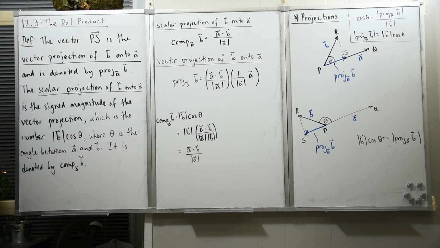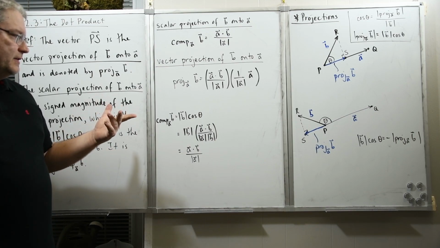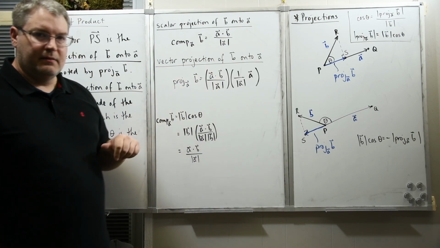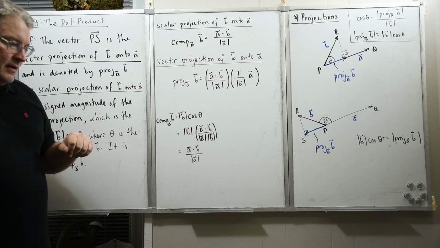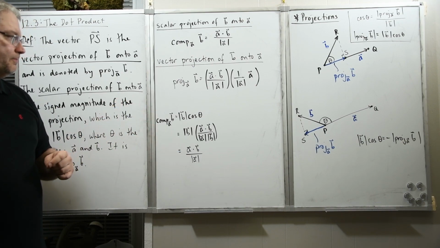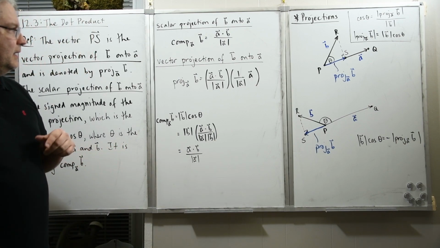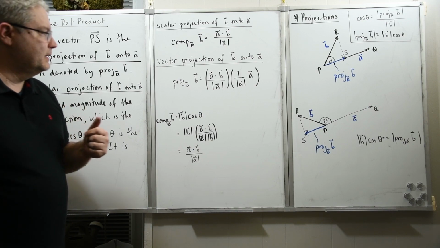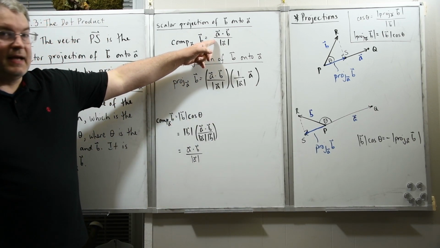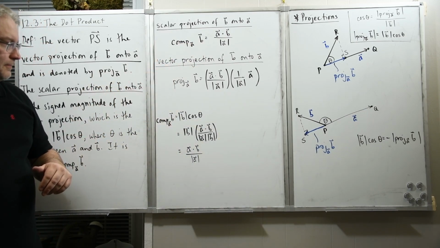One of the things to consider here is that this scalar projection of B onto A is going to be positive if A dot B is positive. If A dot B is positive, then the cosine of the angle between A and B is going to be acute. Now, if this is negative, then A dot B has got to be negative, which means the angle is going to be between 90 and 180 degrees.